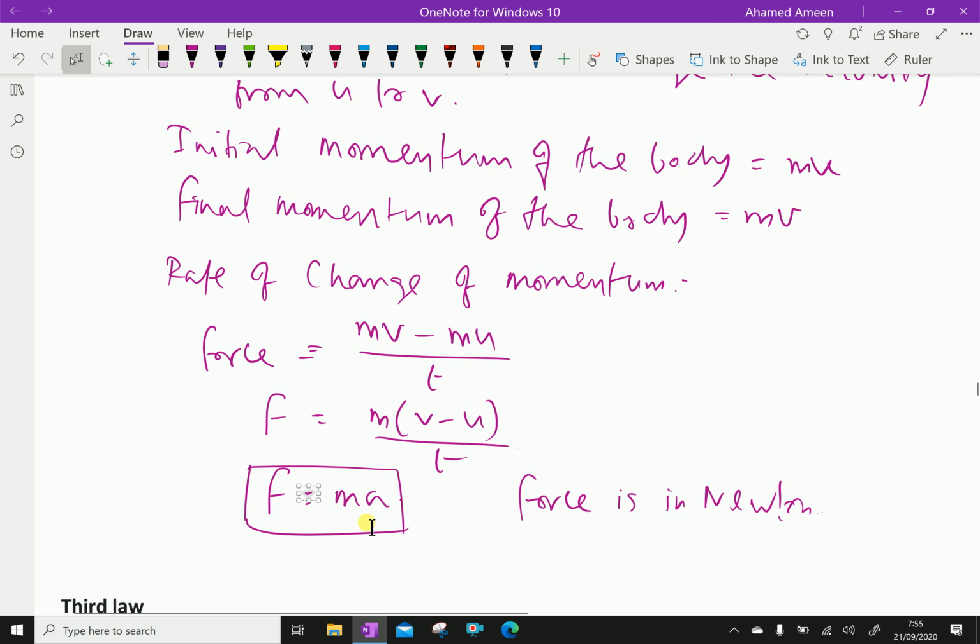Now, about the third law. For every action there is an equal and opposite reaction.